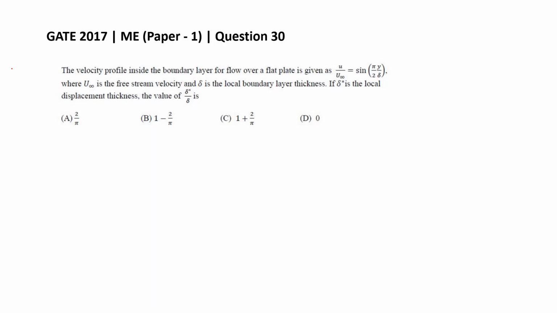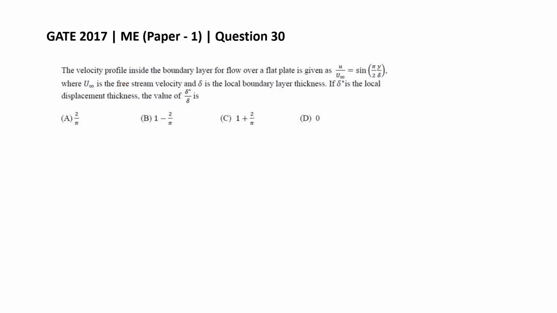Okay, so there is now another concept that you should know. If you have a boundary layer, you can also have a displacement layer, and related to the boundary layer there is this displacement thickness, which we will see what it is, and that's what they are asking you to calculate in this one.